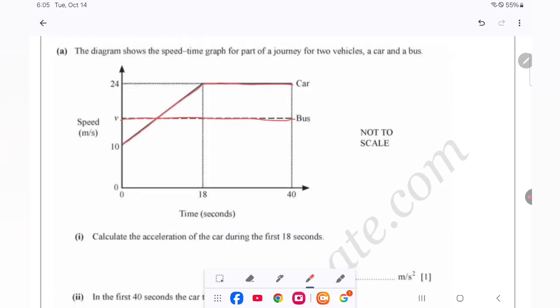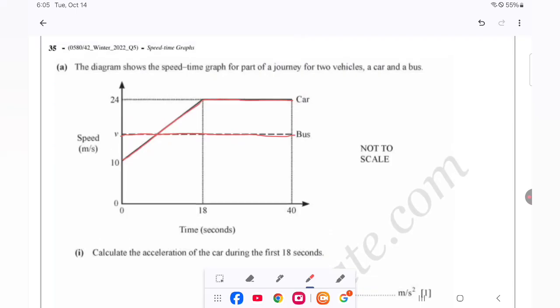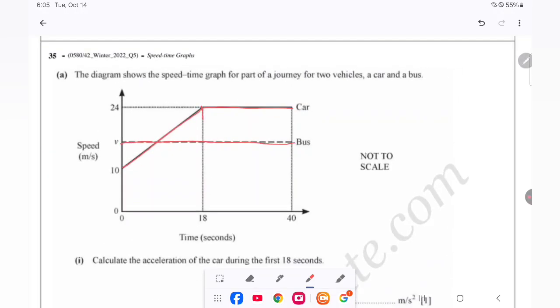This is the car direction. Now in the first part, calculate the acceleration of the car during the first 18 seconds. So this is our first 18 seconds, from 0 to 18, in which the car moves from 10 to 24.